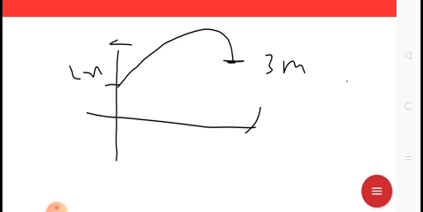So for this question, you know that the net is 3 meters from the ground, and the start is 2 meters from the ground. So from this basic scenario, the vertical displacement is the difference between these two. So the vertical displacement is 1 meter. So you may write a vertical displacement equation.